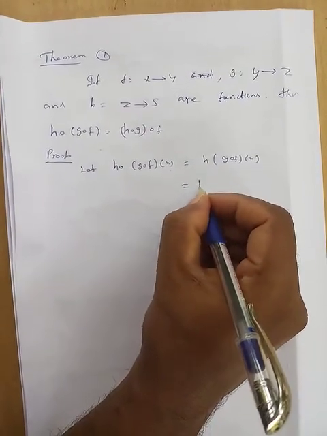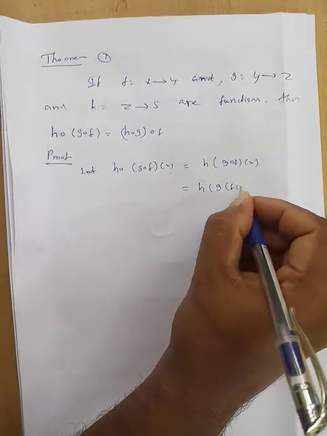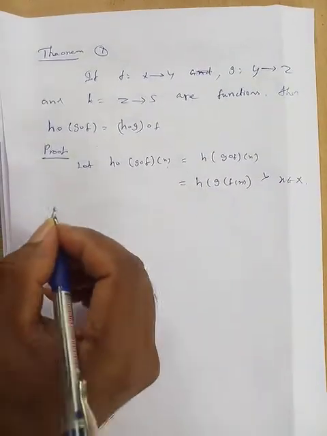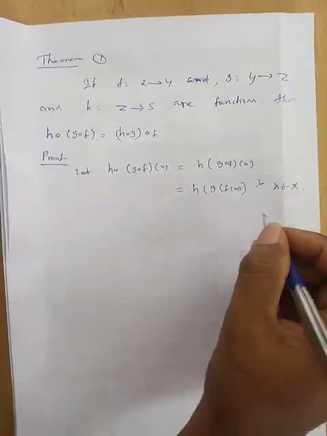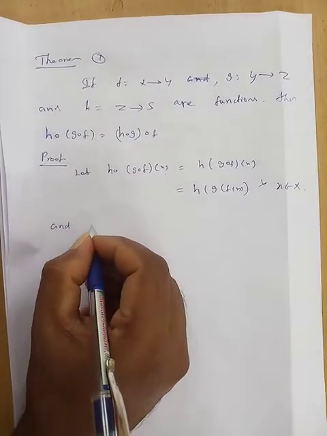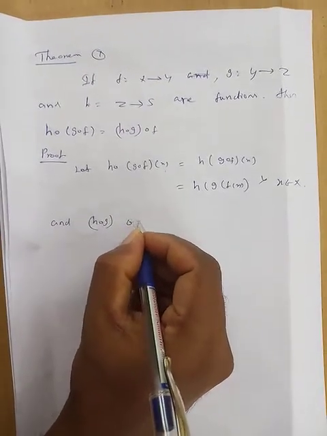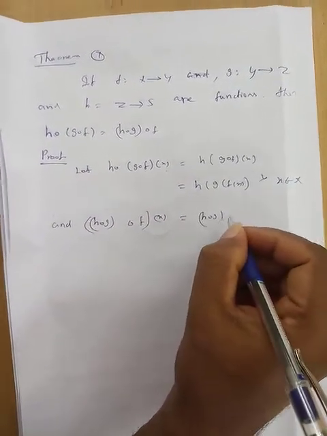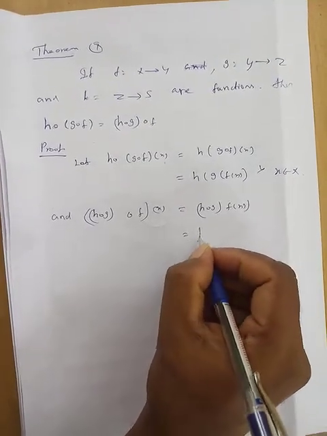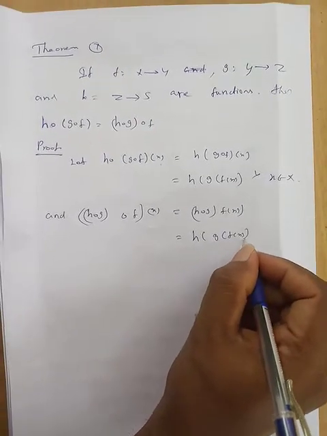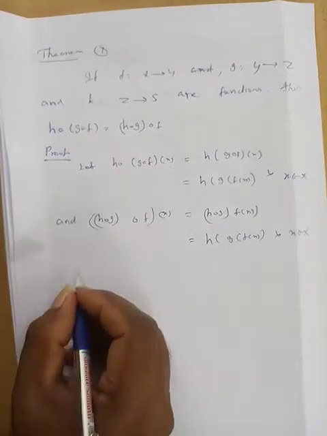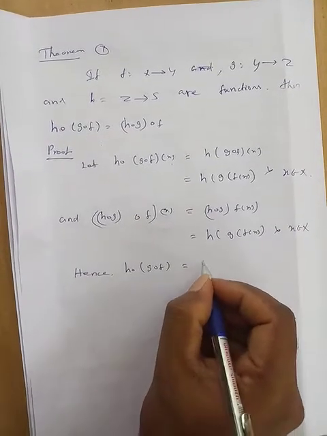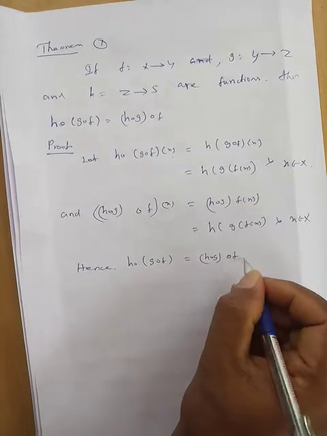This is equal to h of g of f of x, for all x belongs to X. Hence h composition (g composition f) equals (h composition g) composition f.